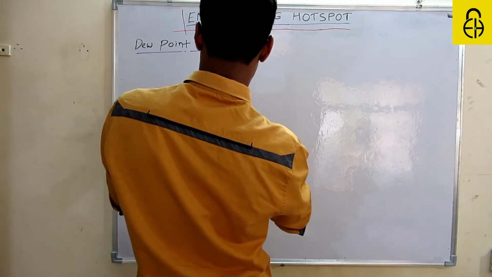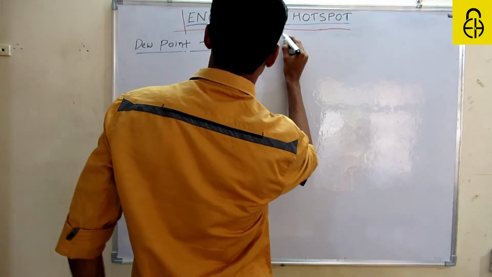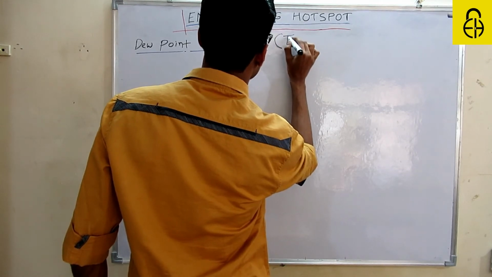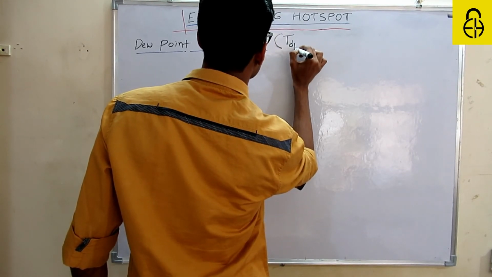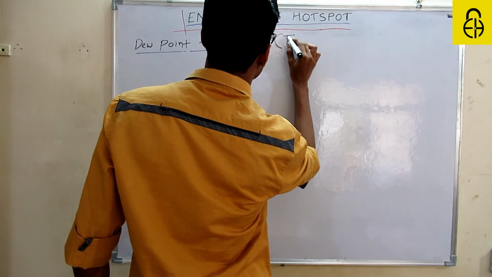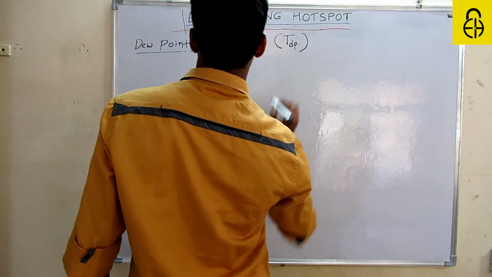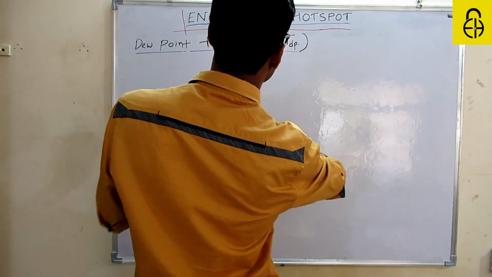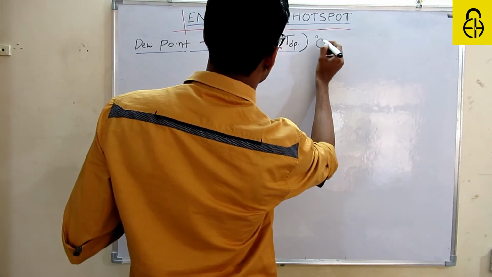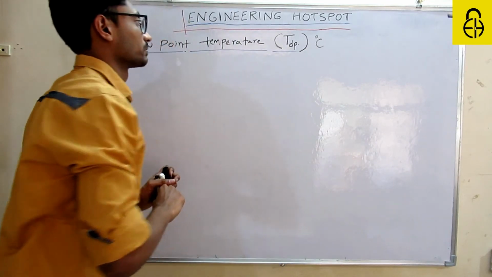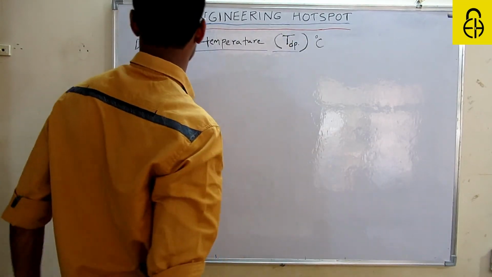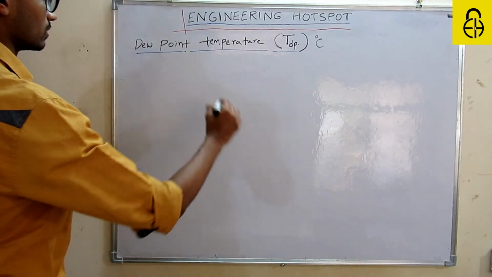It's represented with TdP, mostly in degrees Celsius. So what is dew point temperature?